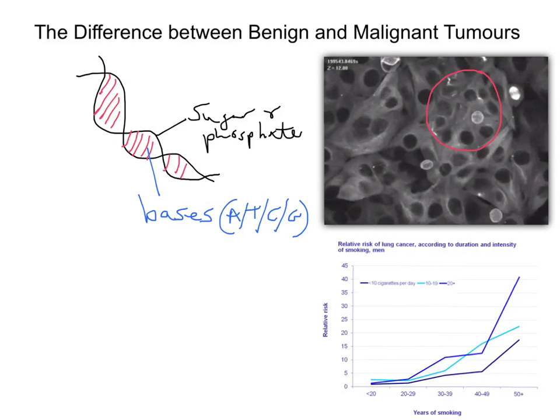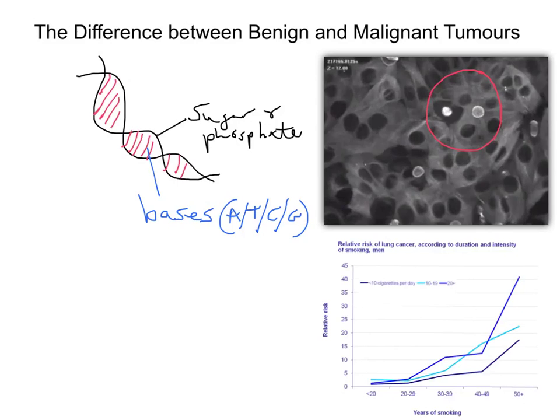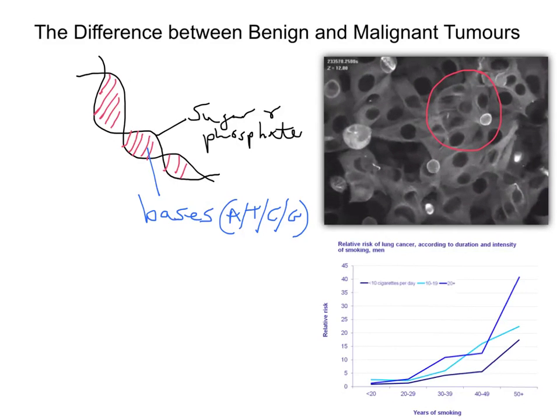I've done a video on mitosis and normal cell division. What we have here is uncontrolled mitosis, if you like, cell division at a rate beyond the normal as a result of mutation. And that can give rise to two types of tumours, benign and malignant.